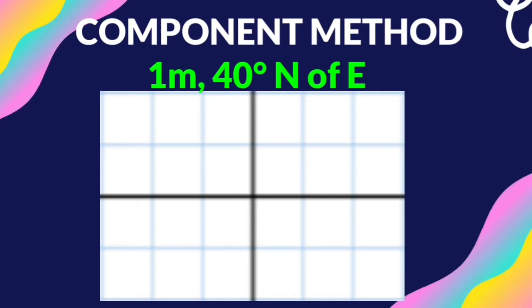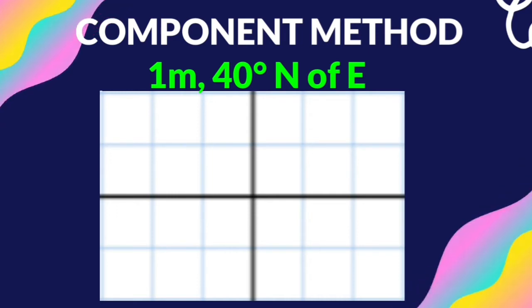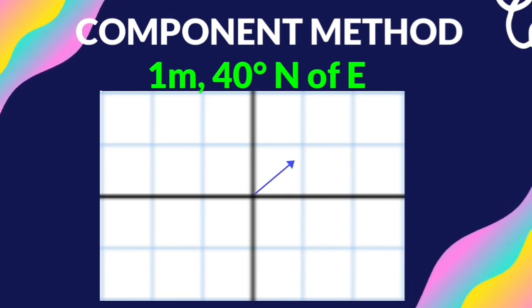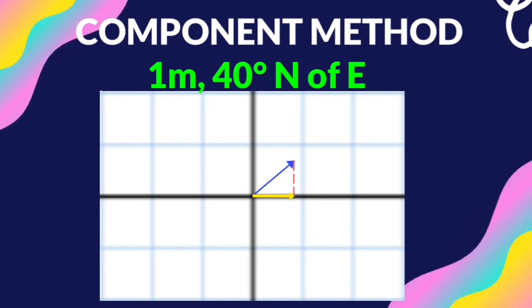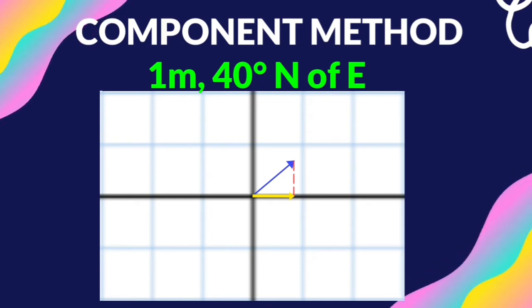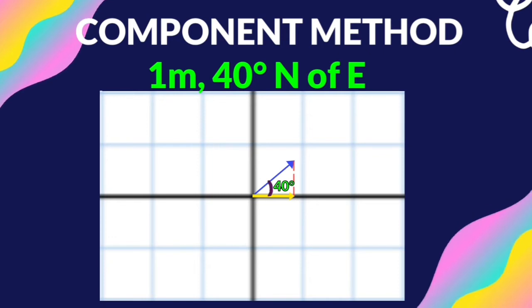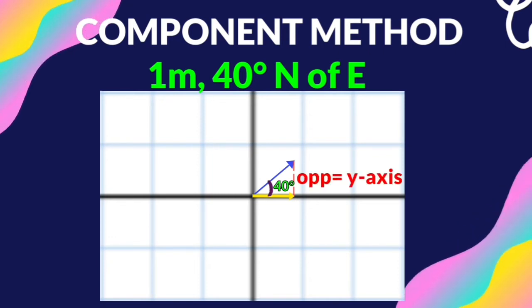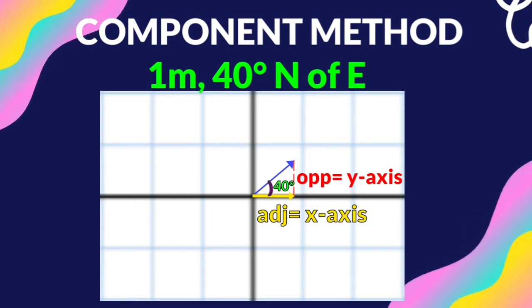But before we proceed, let's find out the direction first. 1 meter 40 degrees north of east started from the east, then went to the north, and our angle theta was 40 degrees. The imaginary line is the opposite side on the y-axis, and the adjacent side is on the x-axis.